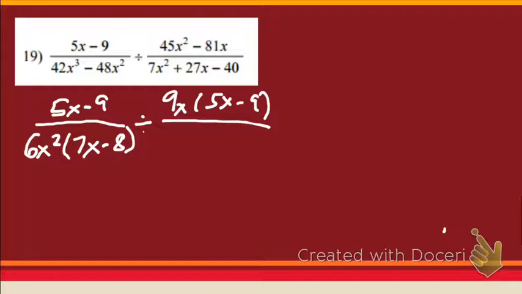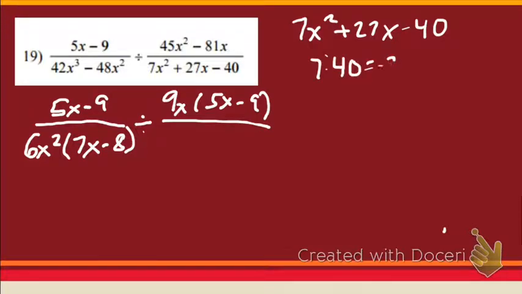Alright, so we're going to factor 7x squared plus 27x minus 40. We're going to take AC, which is 7 times negative 40, and you get negative 280, and you're looking for two numbers that multiply to negative 280 but also add to 27.